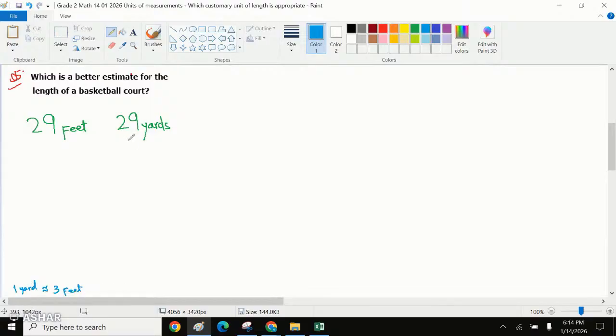So we can say 29 multiplied by 3, that is 87, sorry. So that would be 87 feet.